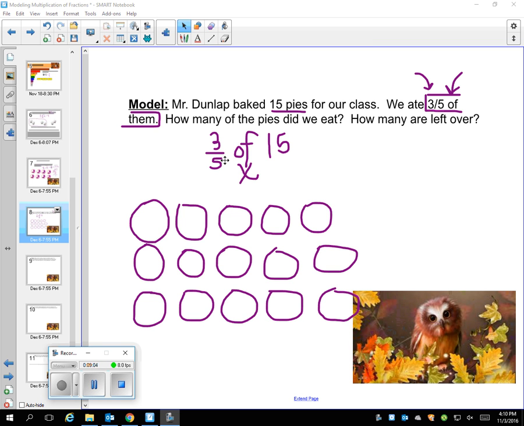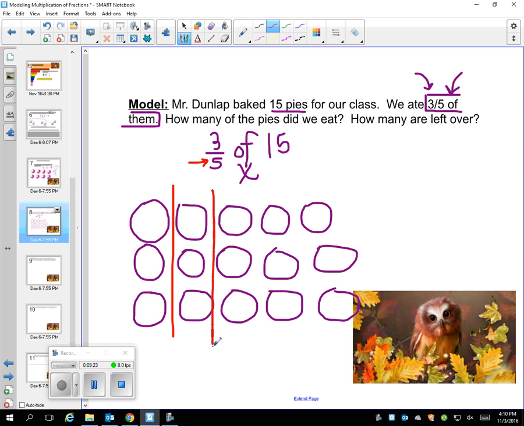Now I need 3/5 of those pies. So that means that my whole, which is all of the pies, is going to be divided into 5 groups. So let's see. I'm going to do it this way. 1, 2, there's 3 groups, 4 groups, and then 5 groups.